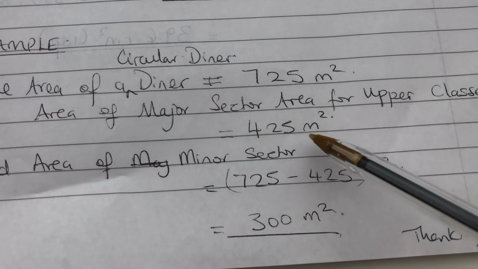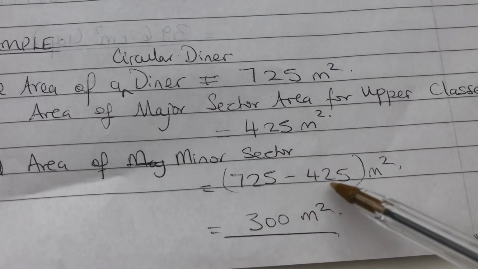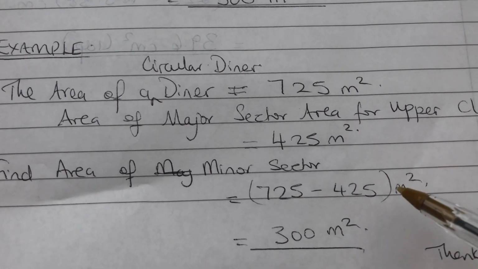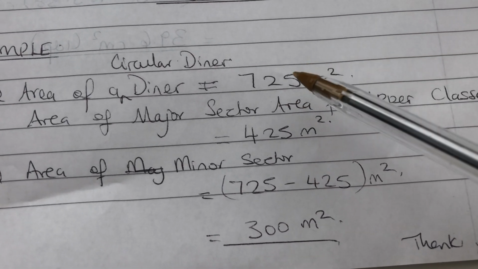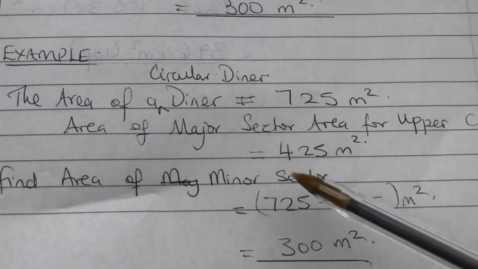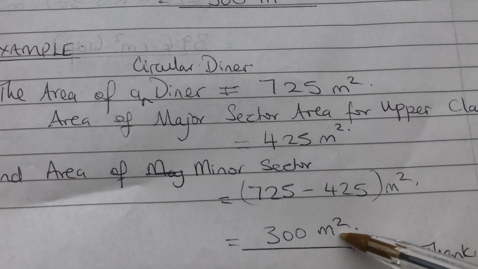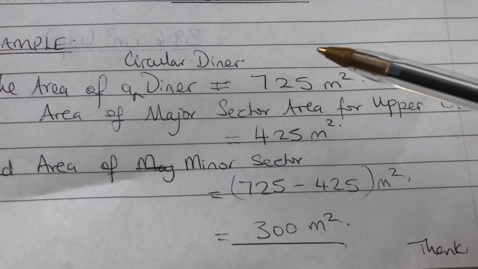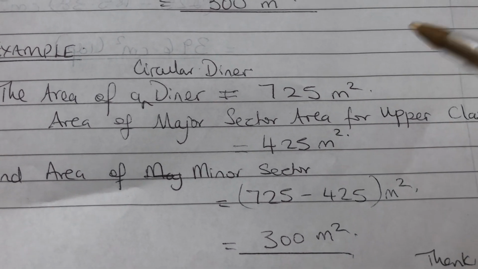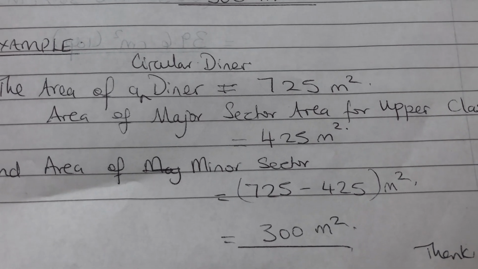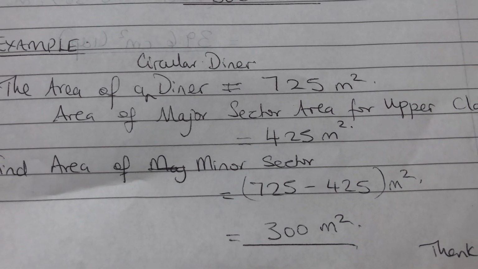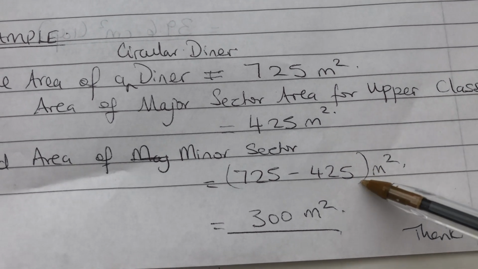These are figures that you can really do off the top of your head. If this came up, you just have to subtract, even in worded form, because you have the area of the full diner, and it is divided into two sectors, one big, one small.